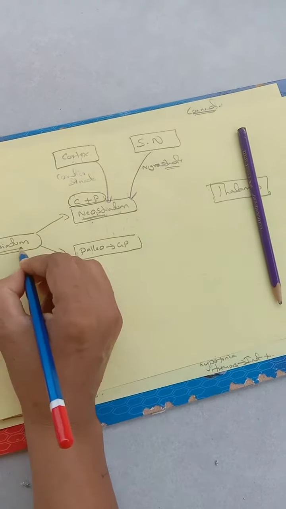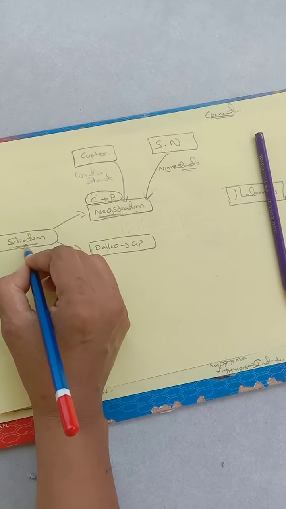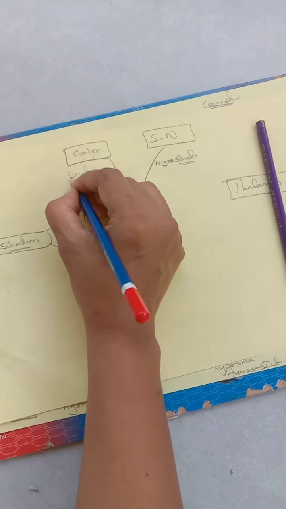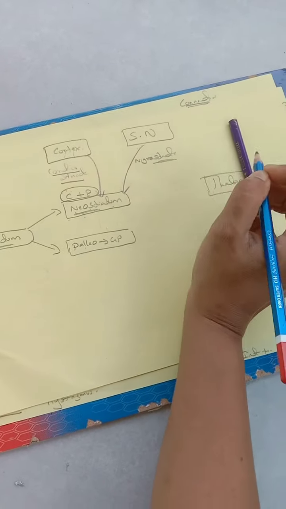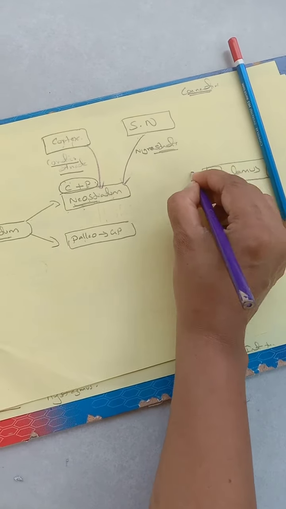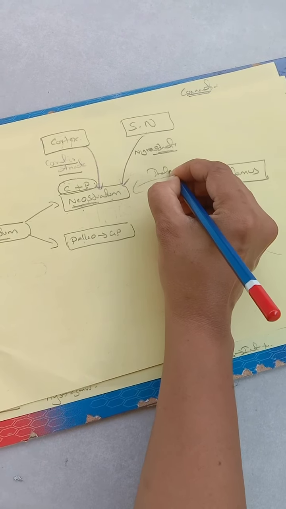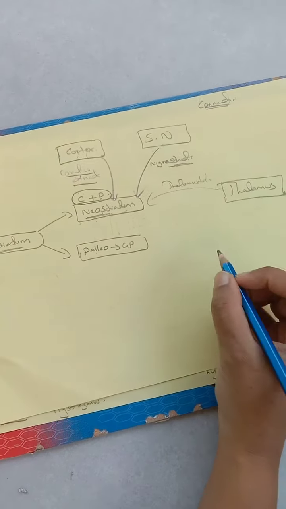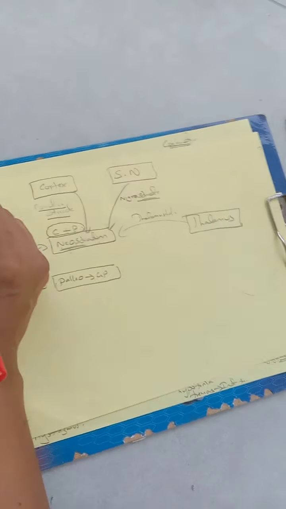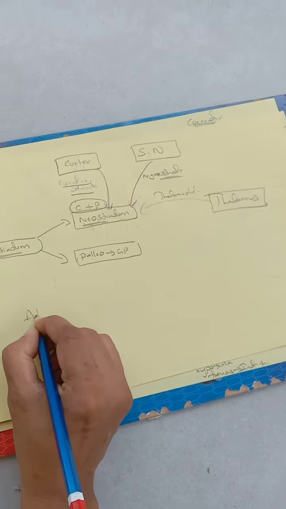Striate means corpus striatum. So corticostriate, nigrostriate. It also receives from thalamus. That is called thalamostriate. Is it easy? So mainly we are talking about afferent here.